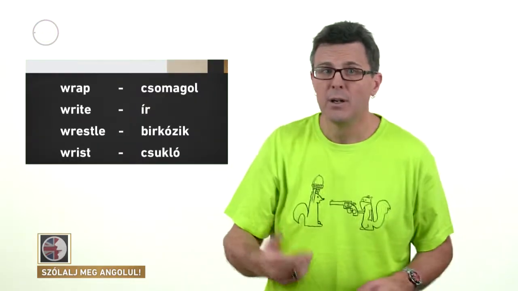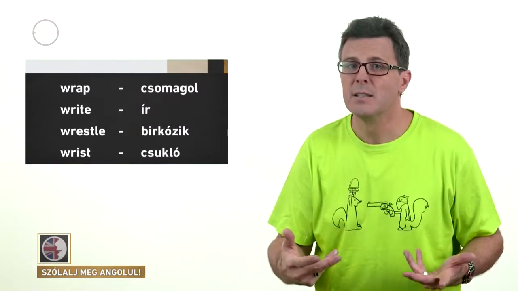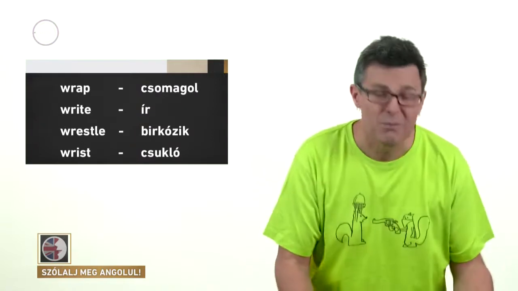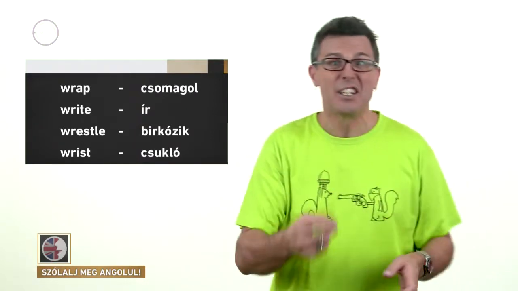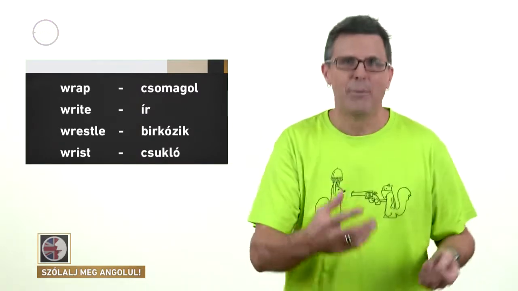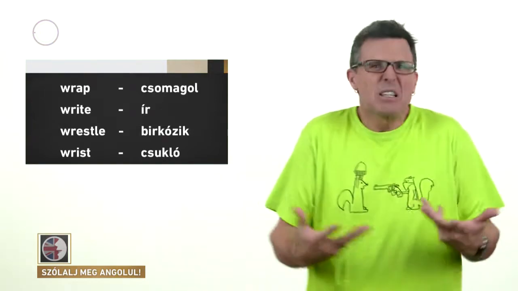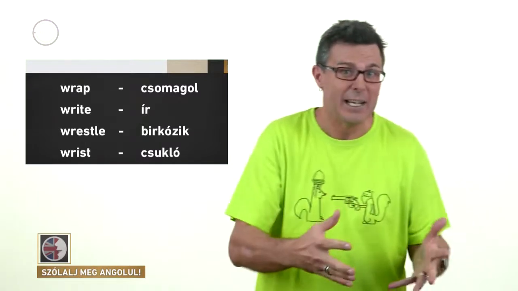Rap, write, wrestle, wrist. Now, with the words we've just seen, it's actually very difficult. Well, I think it's very difficult to pronounce the word with the W as the first letter. Wrap, right, see? It's almost impossible to pronounce those words that way.